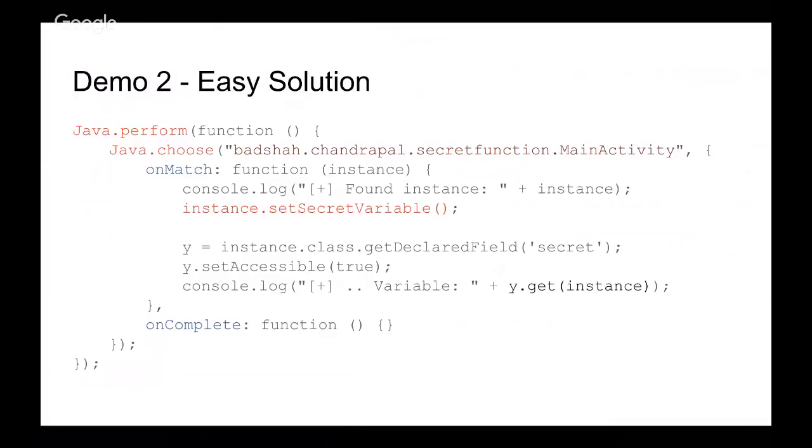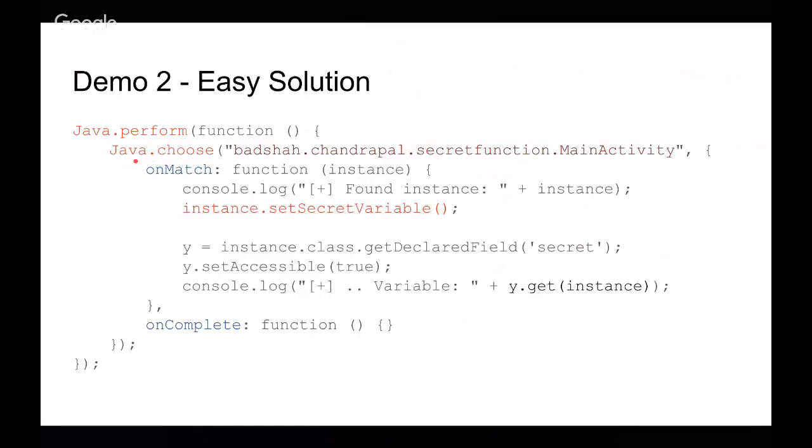Now let's analyze what we just did. We use Java.perform. As usual, it's going to create a thread and attach it to the JVM, the Java Virtual Machine. Now we say Java.choose. Whenever we say choose, it is going to access the object which is in memory. It is not like Java.use, which is going to create an object of its own.